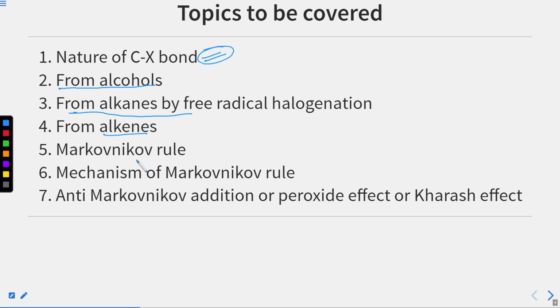Now the preparation from alkene involves certain complexities which you must have studied in your 11th class, but I will still give you a revision of that, because it is very important during the examination time to keep a track of all this mechanistic part of Markovnikov's and anti-Markovnikov's rule. They are very important for our examinations.